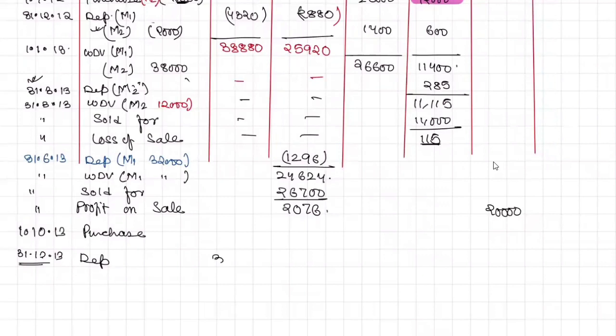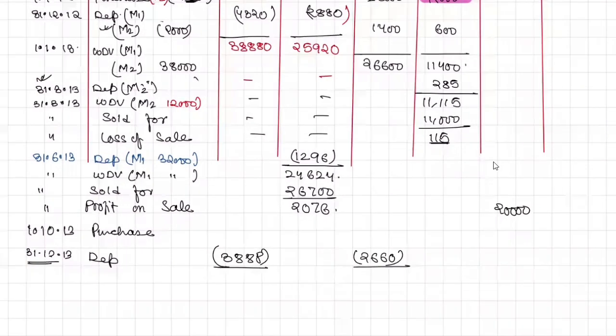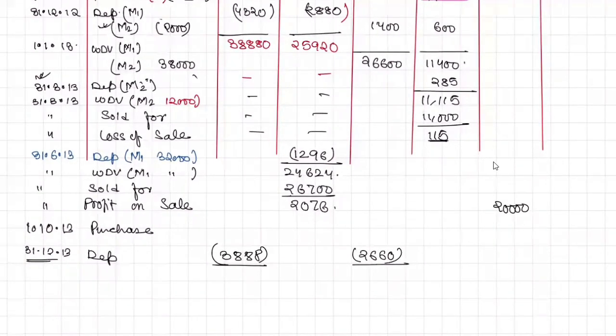For this, it will be 3,888. Okay. For 26,000 as well, there will be full year of depreciation, that is 2,660. But for this 20,000, it will be only for 2 months. 10% of 2,000, 2 months, 500 is the depreciation.